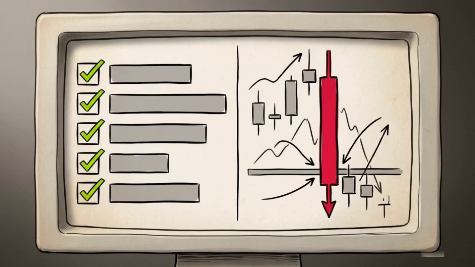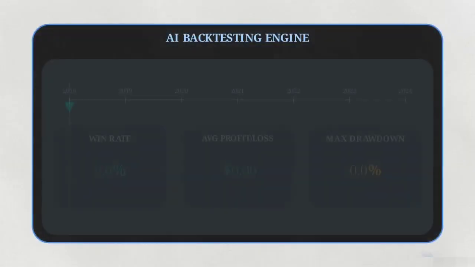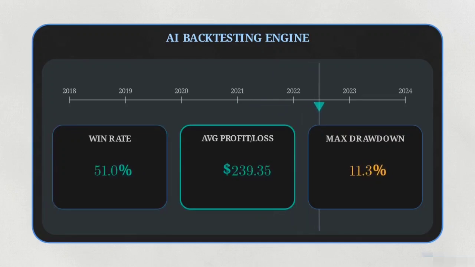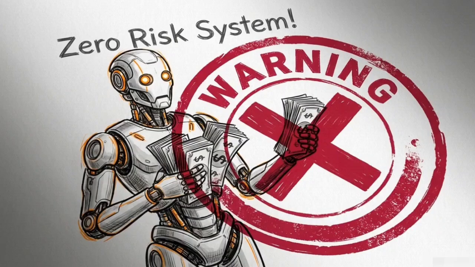You can use AI to quickly organize years of past performance data. This allows you to calculate your total win rate, your average profit and loss, and your maximum drawdown over a specific period. Treat any claim of a 100% guaranteed profit AI system with extreme skepticism. The financial markets contain inherent risks that no algorithm can fully eliminate.